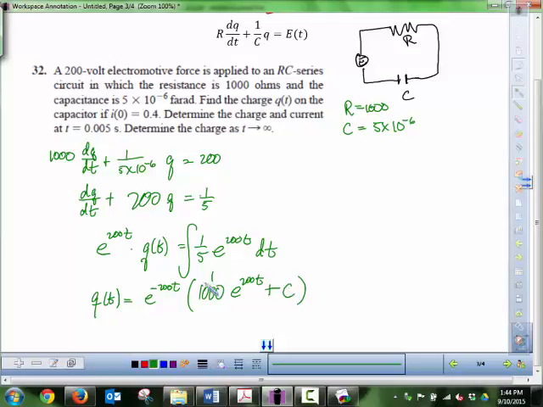Okay, so 1 over 1,000 plus the unknown constant, e to the negative 200t. So this is our charge, it looks like.